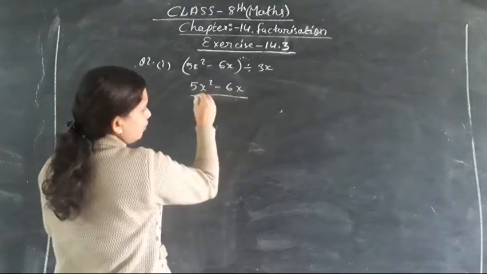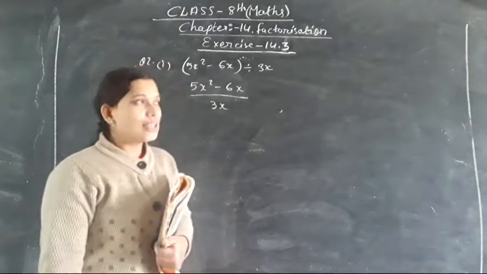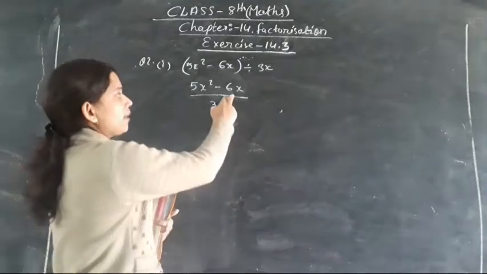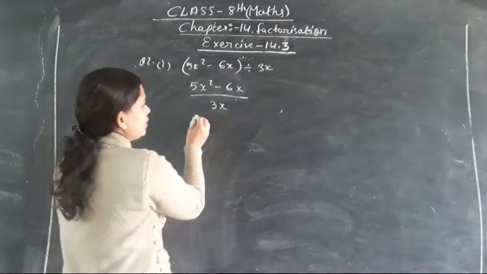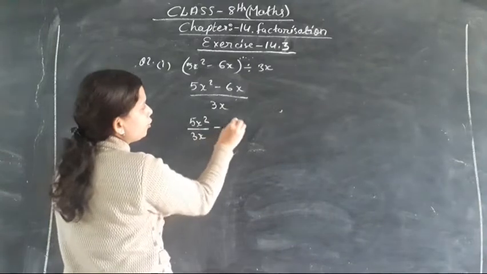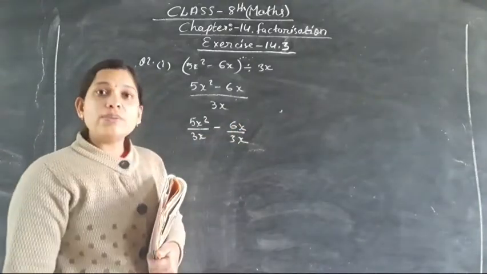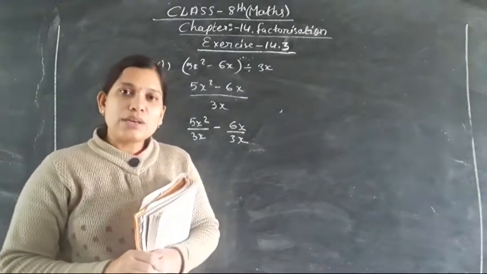So numerator upon denominator can be written like this: 5x square minus 6x divided by 3x can be written as 5x square upon 3x minus 6x upon 3x. Now after this, can we separate the numerators? Of course you can separate the numerator and the denominator. If a monomial term is present in the denominator, you can easily separate the binomial terms from the numerator.